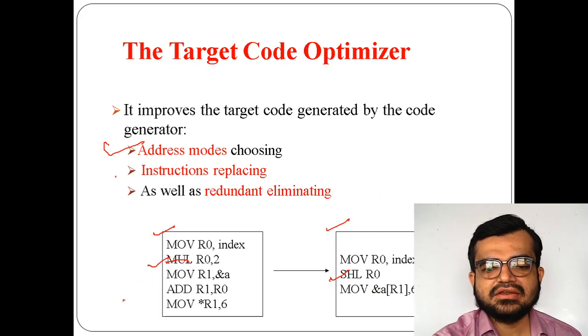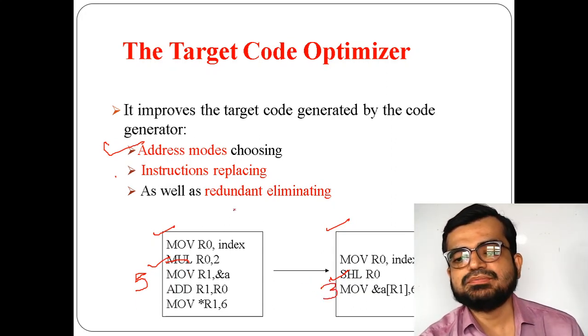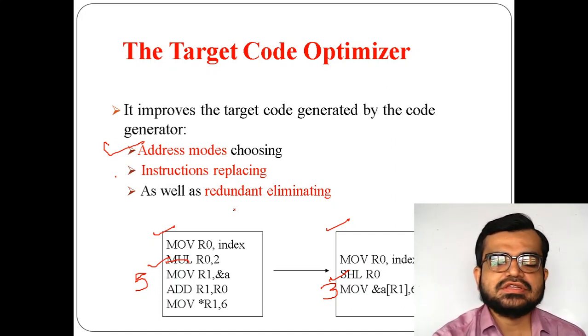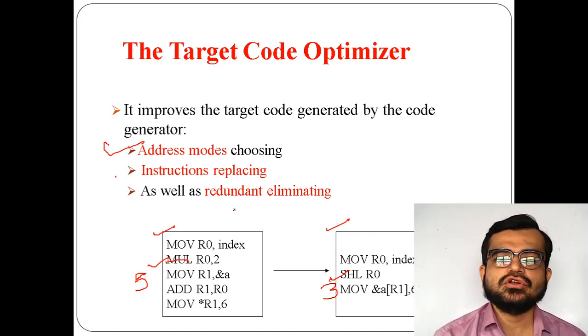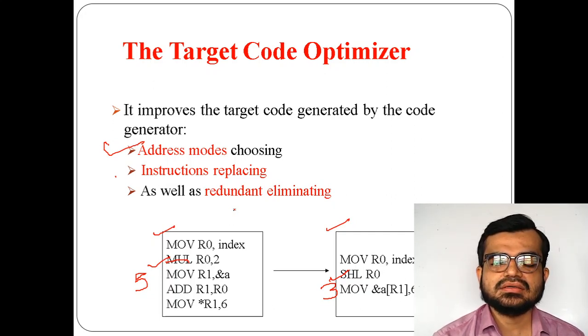For example, here there are 5 instructions, but here we have reduced to 3. So redundant elimination is performed over here. That's why I said target code optimization doesn't mean only to reduce the code. It means choosing an appropriate addressing mode in order to increase the speed.